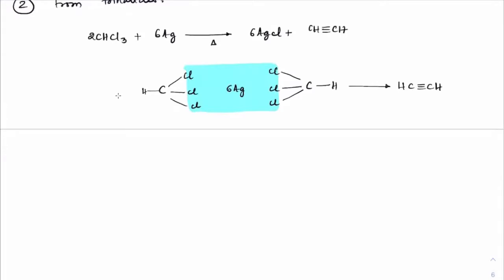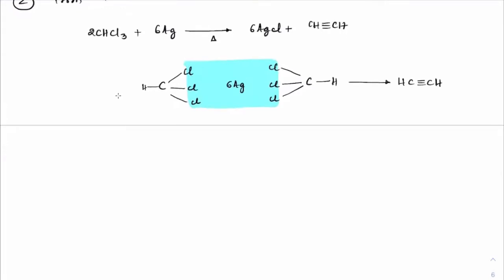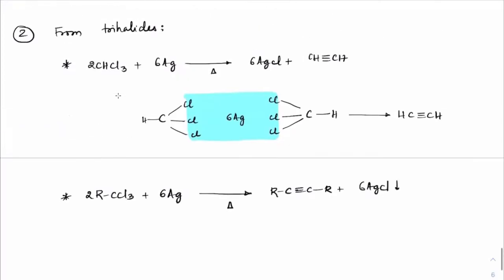This is one way to prepare it. Now it is not necessary to have hydrogen also, which means I can have RCCl3 as well. I can take 2 moles of it, react with 6 moles of Ag and heat. So we'll get R, C triple bond C, R plus 6 moles of AgCl. Clear on that?